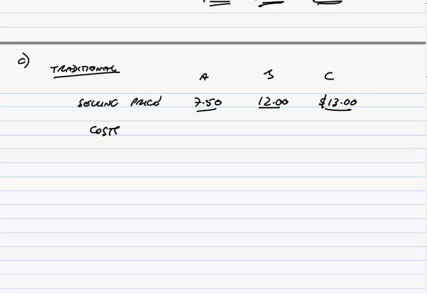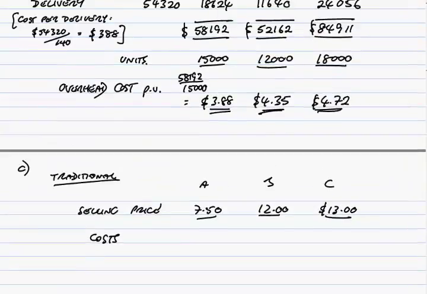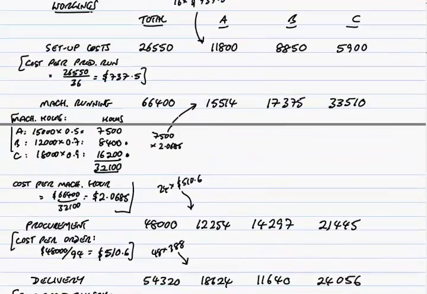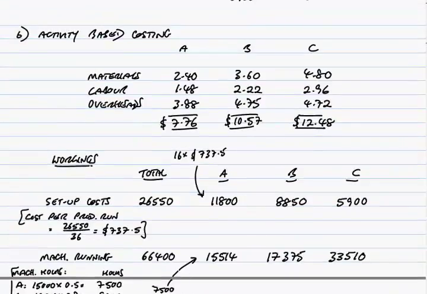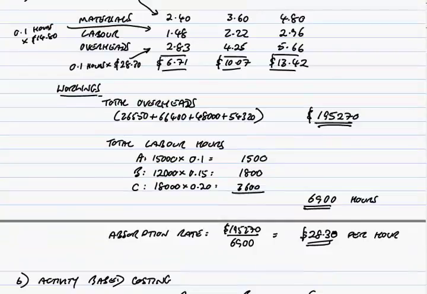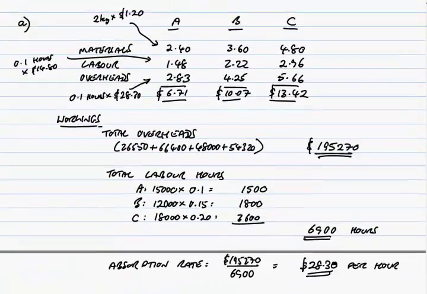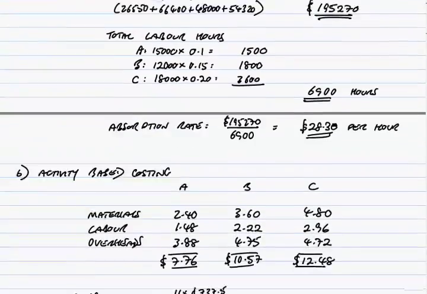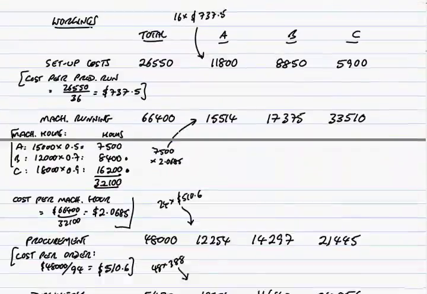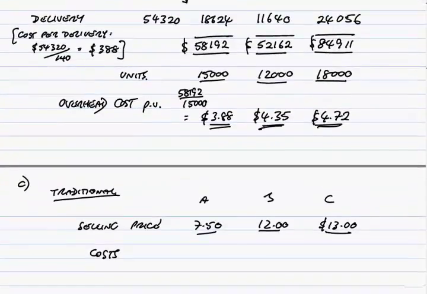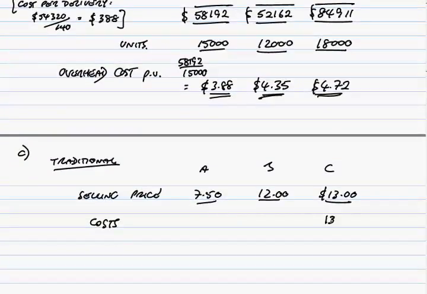And what were the costs per unit? Well, from part A, $6.71, $10.07 and $13.42. Remember the last one, $13.42.